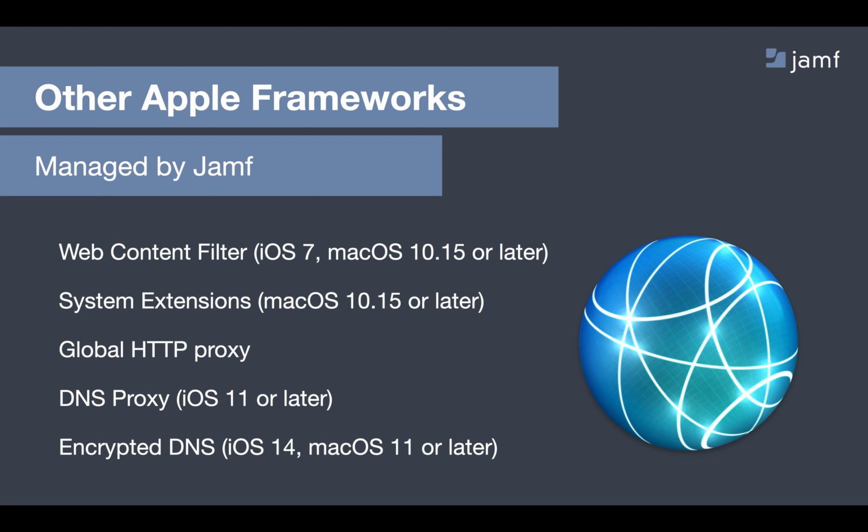Simply being able to secure and manage those requests of how devices are resolving domain names, keeping your organization's information private so devices on certain networks can't have their network requests monitored.